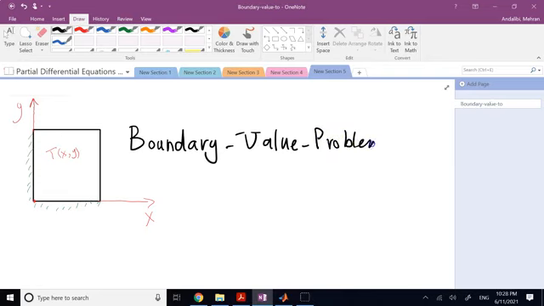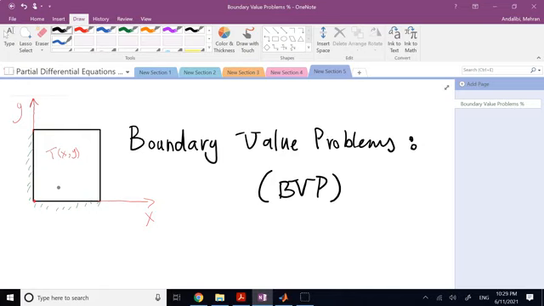Okay, so if you hear BVP, or boundary value problems, that's this type of problem, steady state problem, for which the solution only is determined by the boundary conditions. There is no initial conditions. Now, for these boundary value problems, or BVPs, the boundary conditions could be of three types.